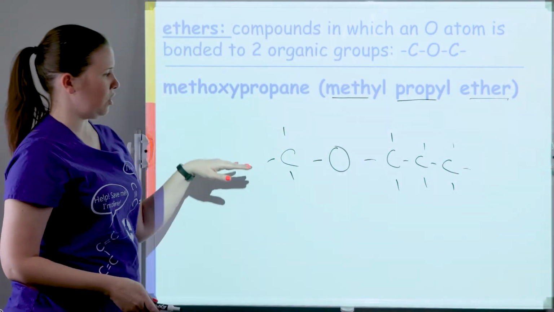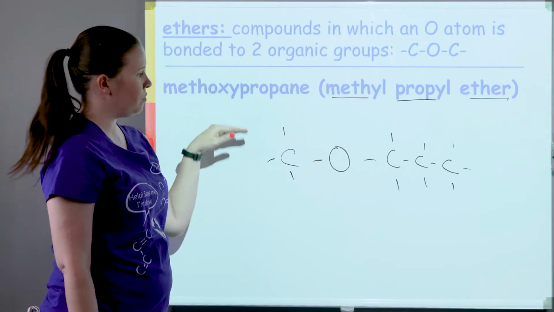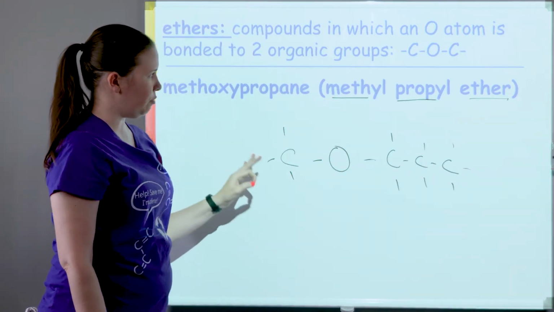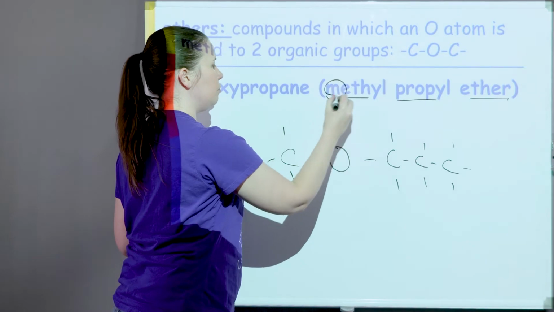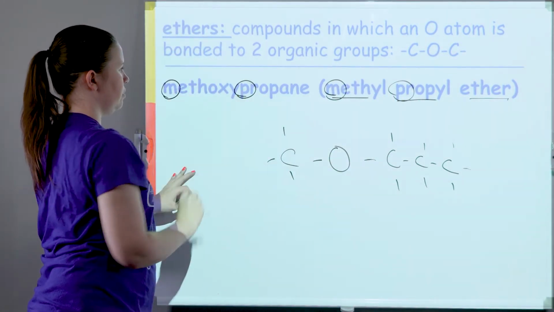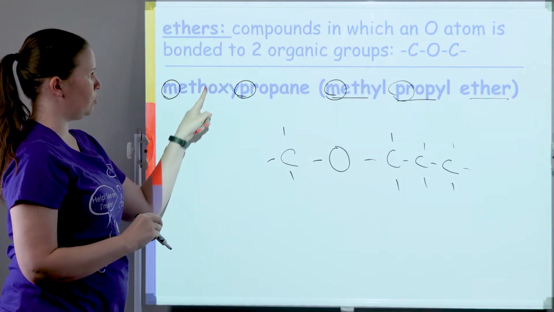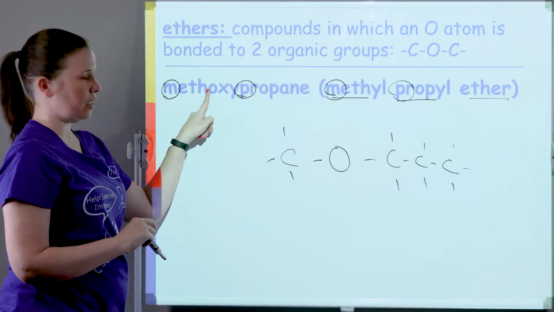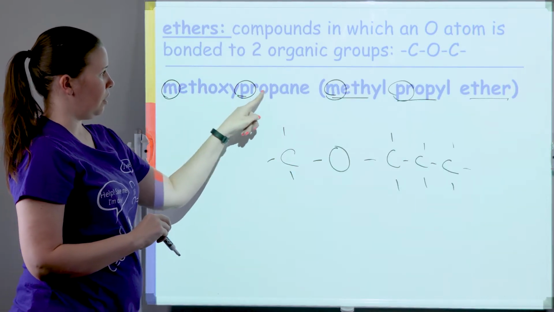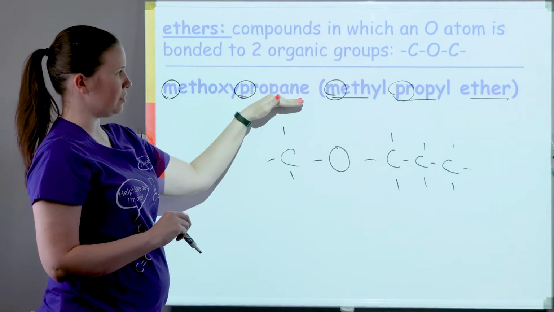Let me also talk for a second, what if I were given this structure and asked to come up with these names? So it's still following alphabetical order. Notice how M comes before P in either of these namings. So if you're using this version, you would just use meth, but don't use the branch, don't use the YL, oxy, and then prop, and the A and E goes at the end of whatever comes last alphabetically.